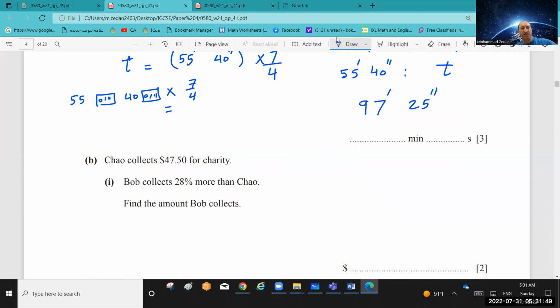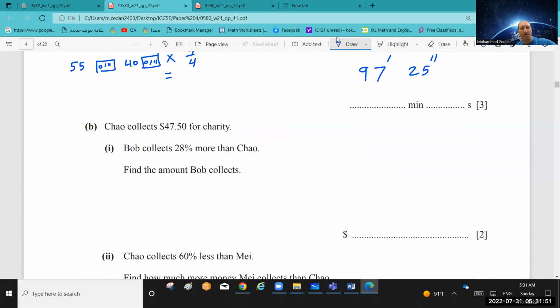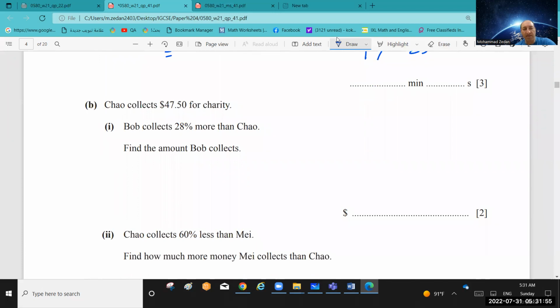Chow collects 47.5 for charity. Bob collects 28% more than Chow. So find the amount of Bob's. Any percentage more or less is always taken from the 100%, the original number of Chow.